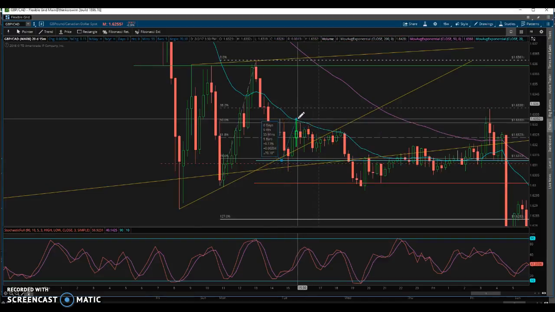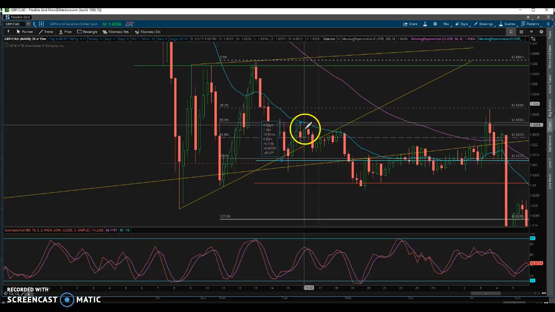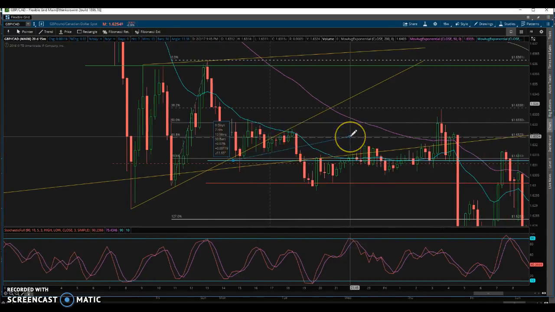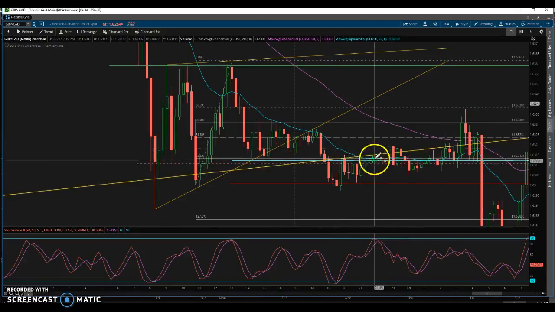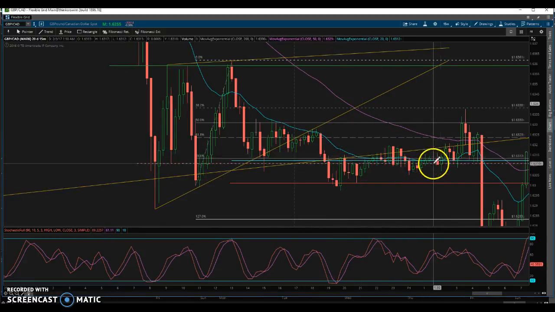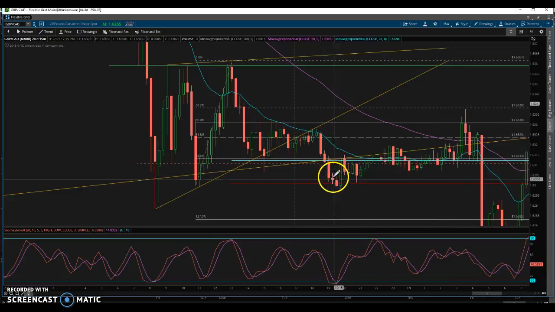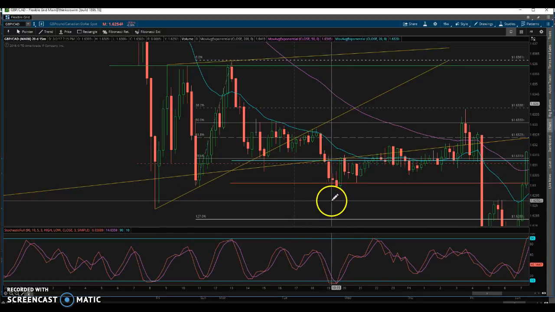Yeah, 20 pips I got initially. So that wasn't too bad. And then it just really went nowhere, and was just back and forth between my entry point and after it stopped me out there.